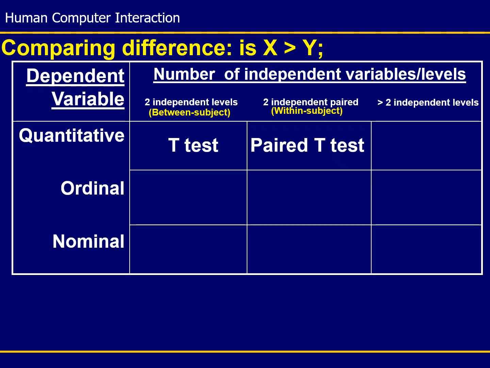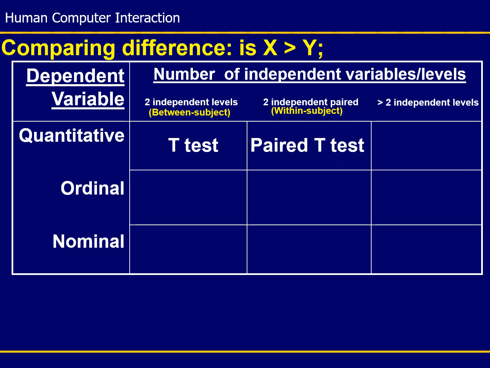Now, the thing is with statistical tests, every statistical test has been designed to work with a specific research question, with specific variable types, and with a specific experiment design. So, if you have one independent variable with two levels only, that's what it says here, two independent levels.